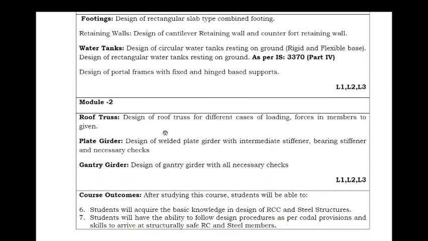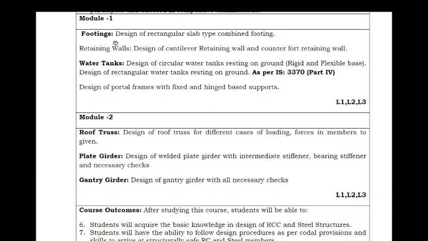For design of RCC you require IS 456, SP16 as well, and IS 3370 Part 4 for the design of water tanks, because there the specifications are given on how to design the water tank, what the pressures are, and how to consider the full filled, half filled, and partially filled conditions. For steel structure you require SP6, the structural steel handbook and steel tables, and IS 800 2007.